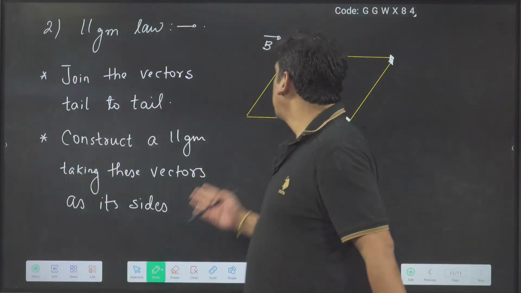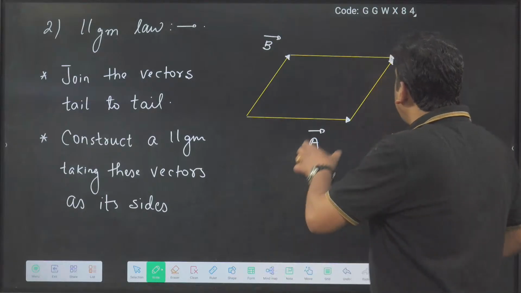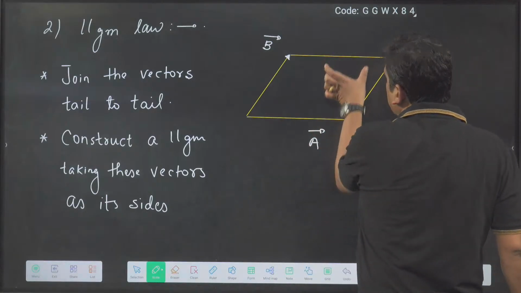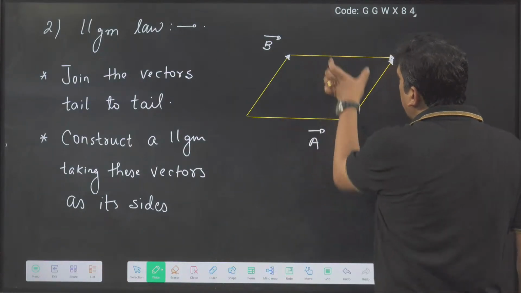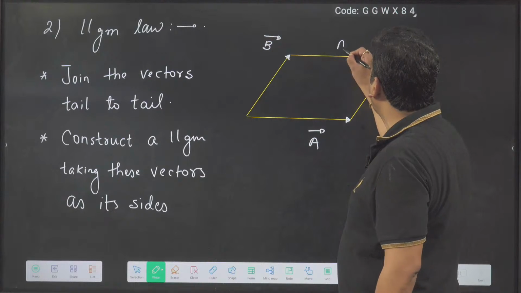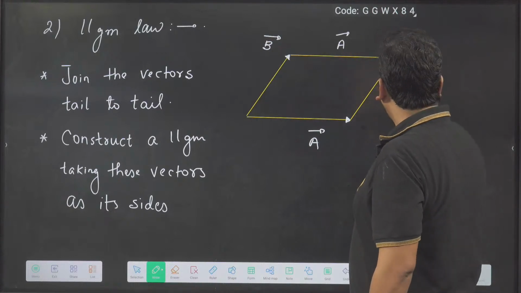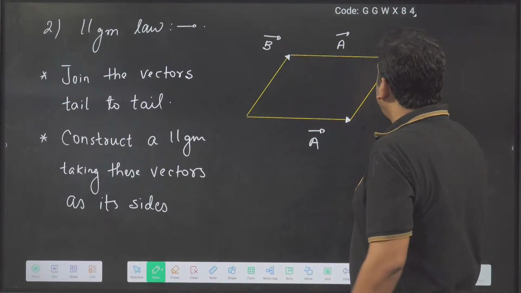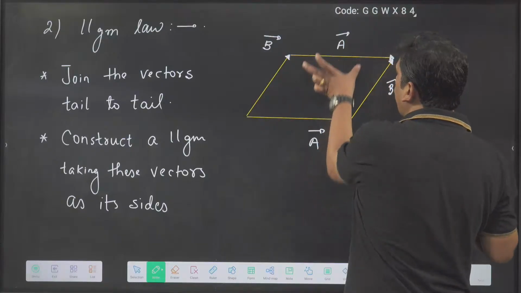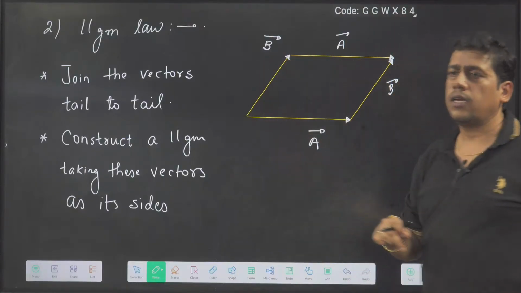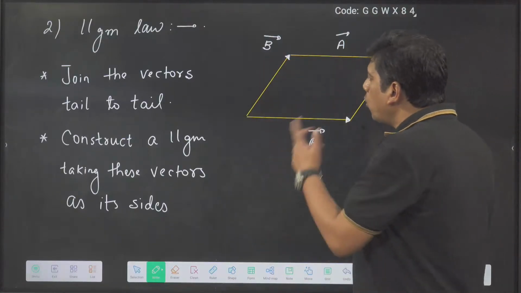Understand, if you look at this vector, equal in magnitude and parallel, we have full right to call it A vector, and we have full right to call it B vector because they are equal vectors. Now, who is resultant here?